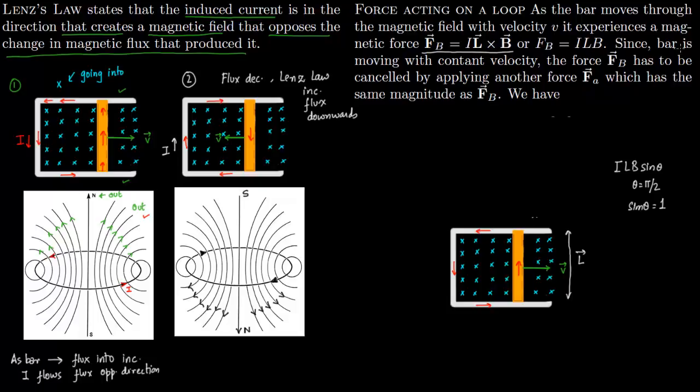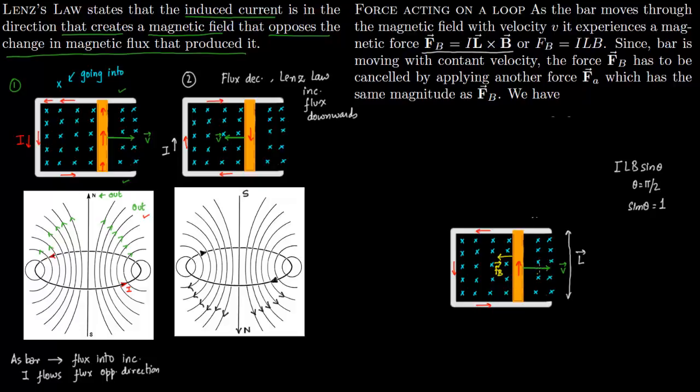So you get ILB. Since the bar is moving with constant velocity, the force F_B vector acts in the opposite direction of the velocity. This force will always try to reduce the motion of the bar, because by Lenz's law it is trying to produce a magnetic field which is opposite in direction.